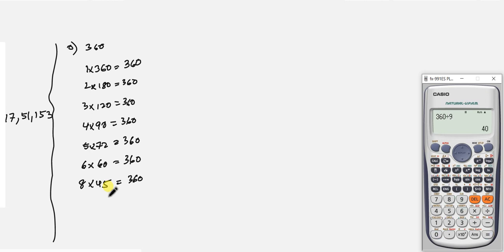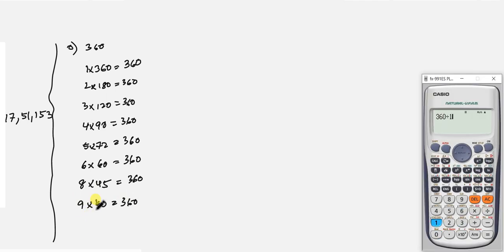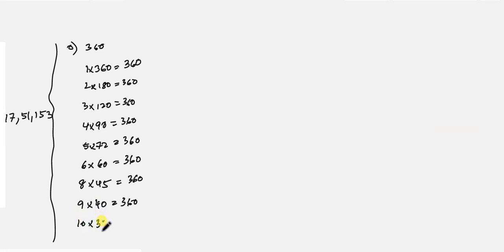Divided by 9: 9 times 40 is equal to 360. 360 divided by 10: 10 times 36 is equal to 360.